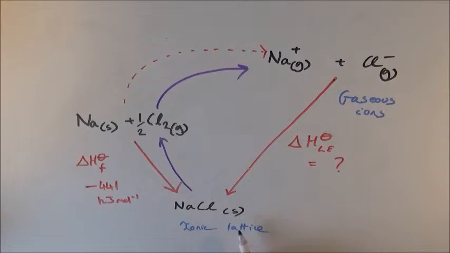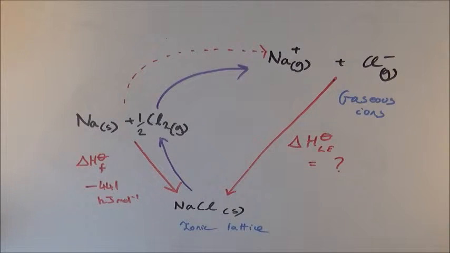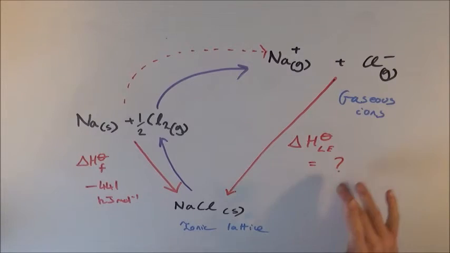So to get from sodium in the lattice just to the elements, that would be plus 441 kilojoules per mole. Remember, this time we're going to the elements, we're not going to the gaseous ions. So Born Haber cycle, it's all about finding another route from the ionic lattice to the gaseous ions, and from that you can deduce the lattice enthalpy.